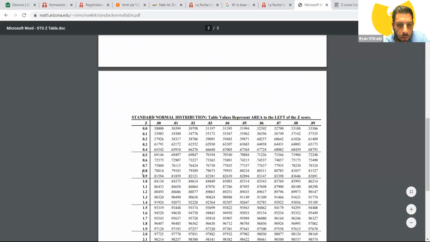So I come down here to 0.8, and 0.8 is 0.78814 right here, which luckily for us is exactly what we got the first time.